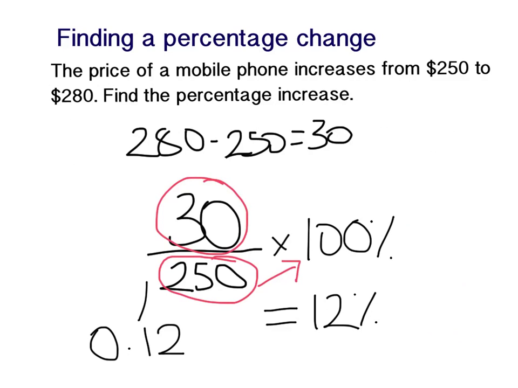Multiply that by 100 and that gives you 12%. That's how you work it out. So if it's increased by $30 from the original 250, there is a 12% increase. It's as simple as that, guys.